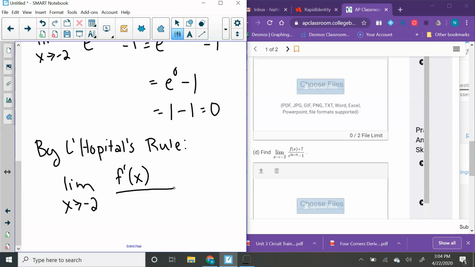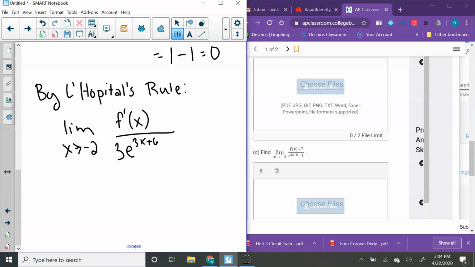Derivative of e to the 3x plus 6 is e to the 3x plus 6, but you have to multiply by the derivative of 3x plus 6, which is 3. You've got a chain rule there. The derivative of -1 is just 0, so that goes away. So now we've got this limit right here.